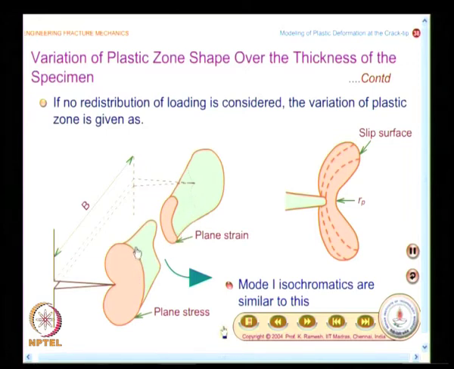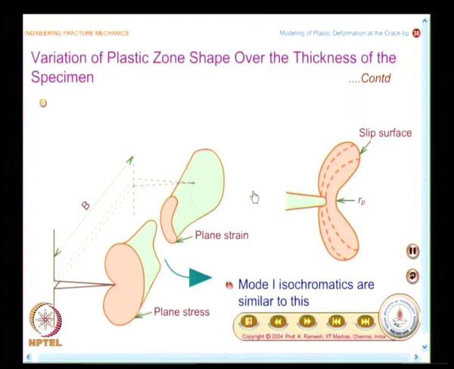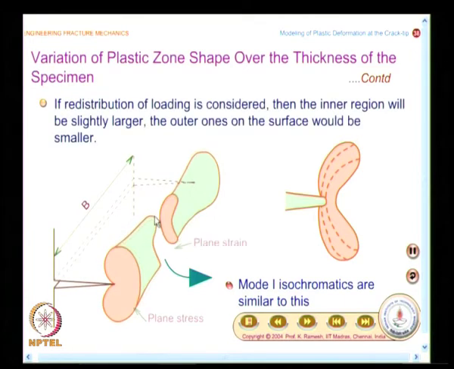What happens is, what happens on the surface shrinks and at the interior the zone slightly expands, which you could carefully watch in the animation. You could see that this expands and this shrinks by a small amount.